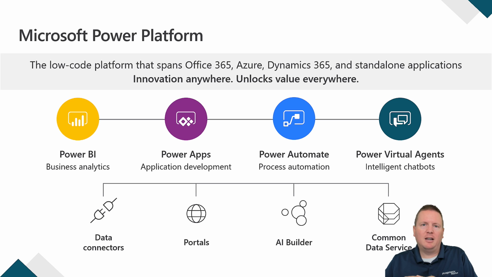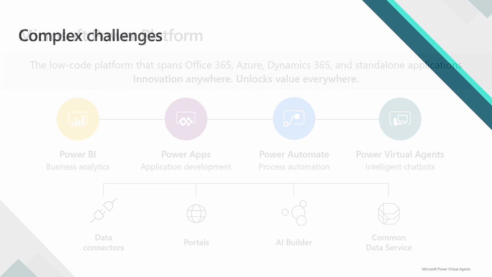You have things like external capabilities with portals. You even have AI Builder that's connected in with every one of these tools. There are AI capabilities that can enhance what Power BI, Power Automate, Power Apps, and Power Virtual Agents can do, all in one. And then the Common Data Service is this overarching platform to store data and allow you to interconnect with smaller subsystems of data as well. So a lot is going on with all these different elements.